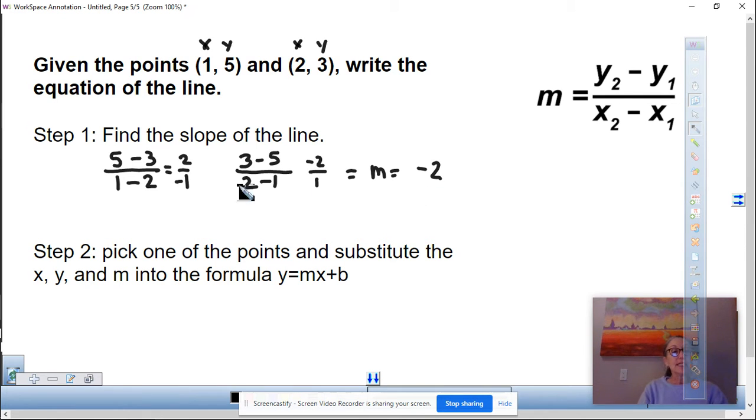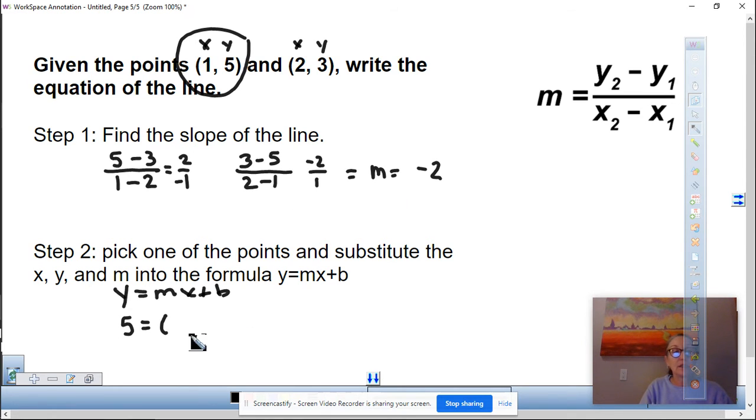All right. Step 2, we pick one of the 2 points that we started with, and we substitute the x and the y of that point, the slope, the m that we just got here, into our y equals mx plus b formula. I'm just going to pick this point. It really does not matter which point you choose. If I have y equals mx plus b, my y is 5.